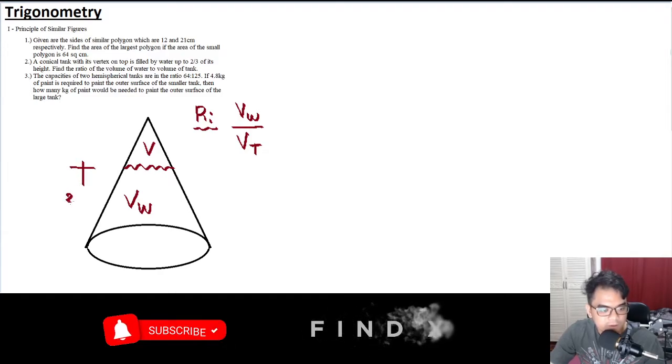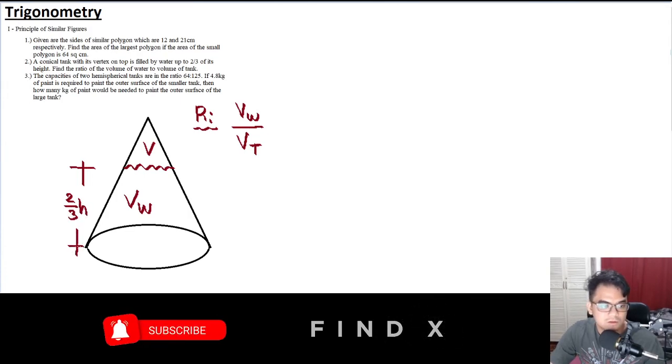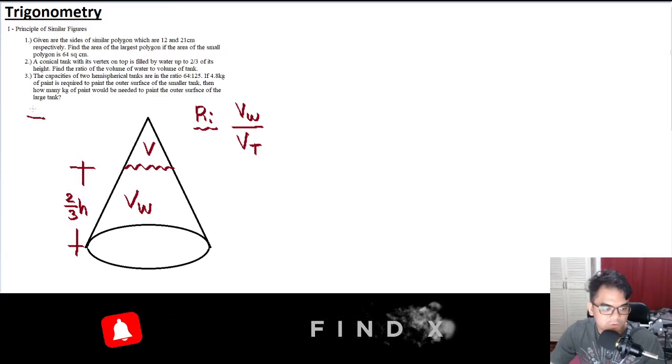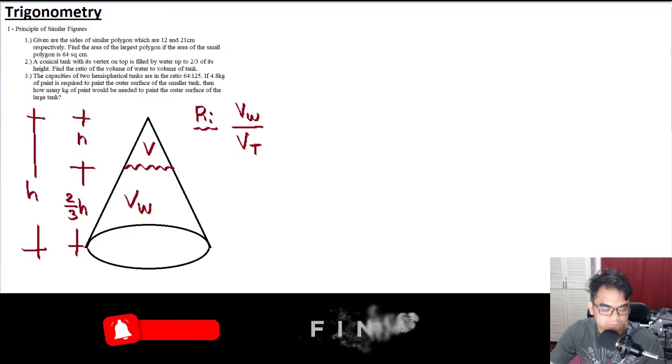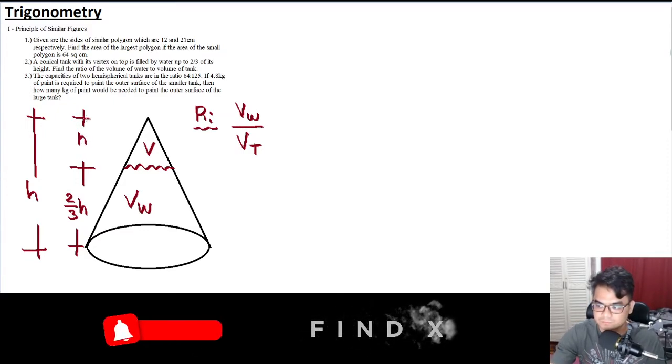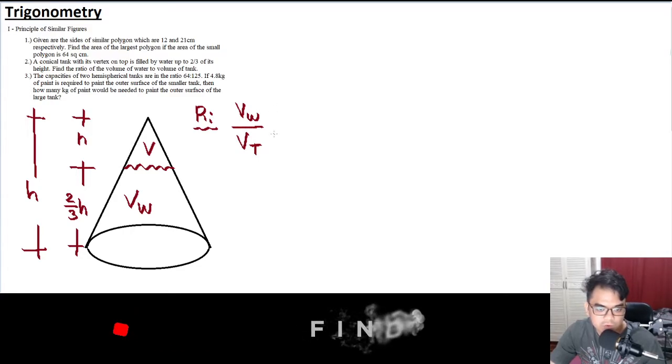If that is 2/3, of course, this full height is h, which is already given, and then the remaining height will be 1/3 h. So we are required to find volume of water over volume of tank.